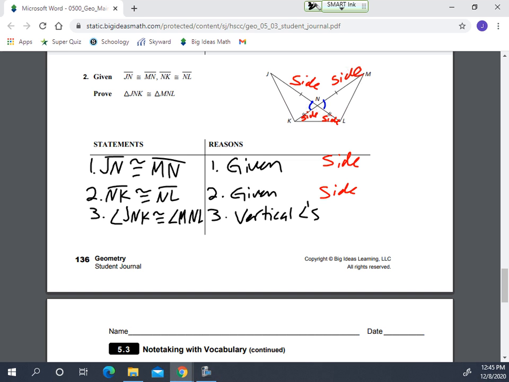And I'm okay if you just say vertical angles. Here we go, we got our angle. Okay, so we have our side, angle, side. So now what can we say? We can say that triangle JNK is congruent to triangle MNL. Why? Side, angle, side. There's our proof.